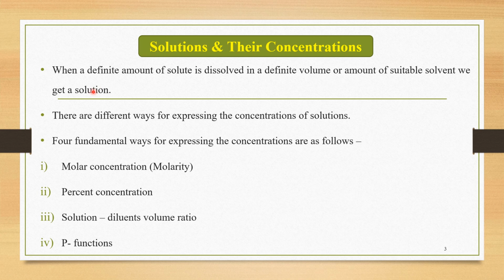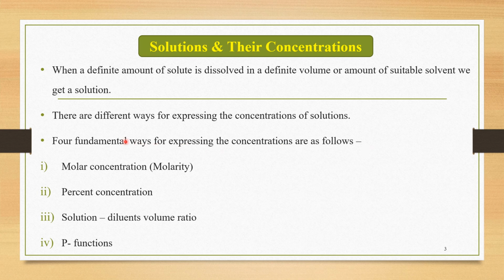So we are interested to express the concentration of these solutions in terms of the amount of solute as well as the amount or volume of a suitable solvent. There are different ways for expressing the concentrations of solutions. Four fundamental ways for expressing the concentration are as follows.